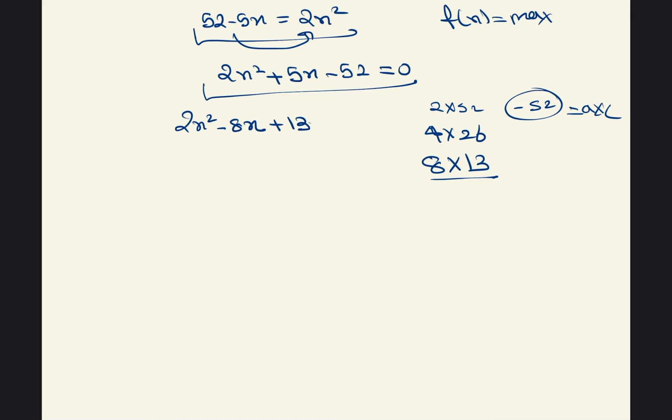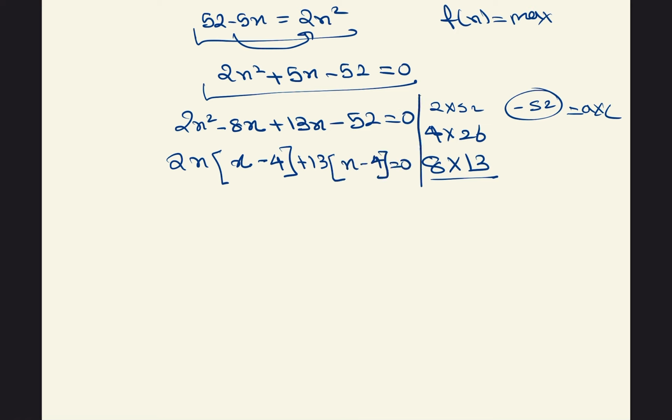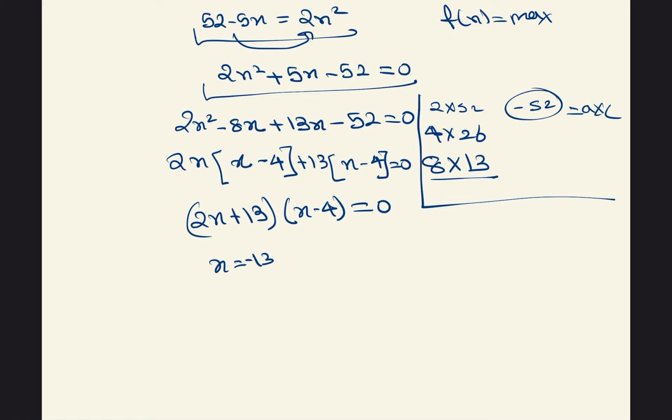So 2x square plus 13x minus 8x minus 52 is equal to 0. We'll take 2x common. Remaining is x minus 4, plus 13 common, and this is again x minus 4, which is equal to 0. Hence we got the factorization. x is either minus 13 by 2 or x is 4.